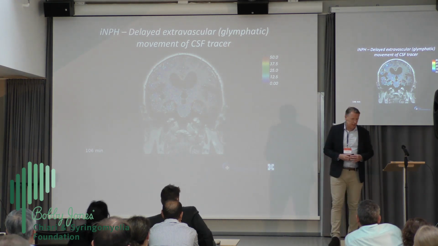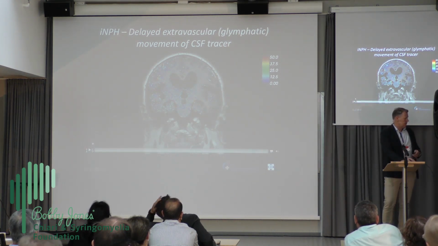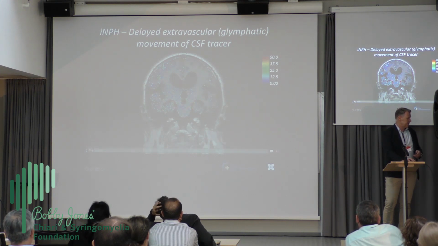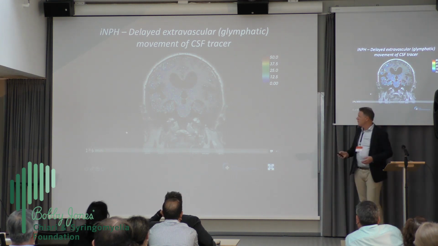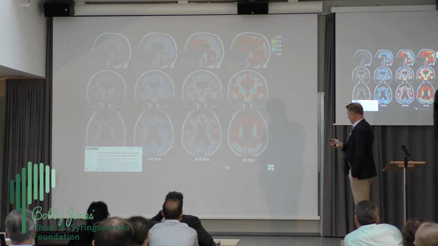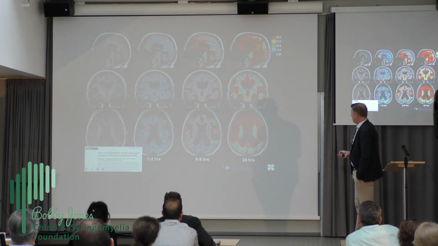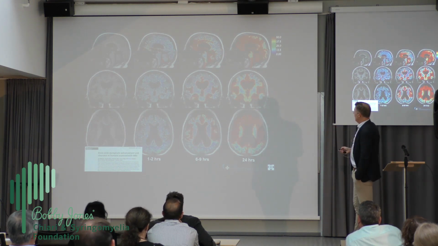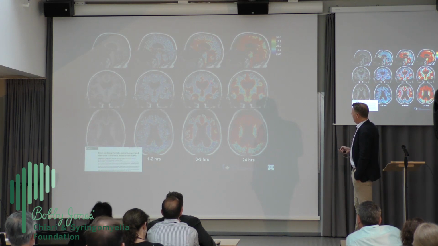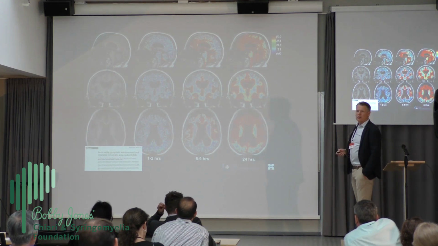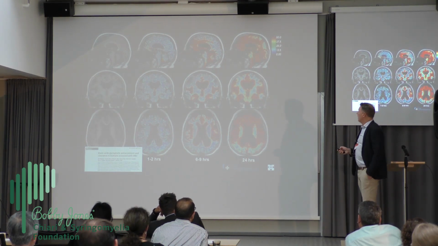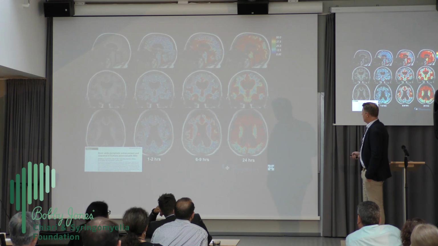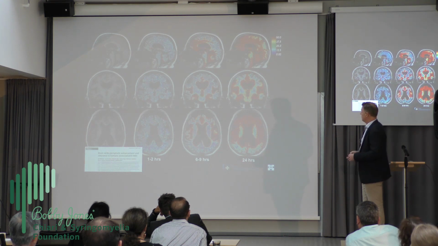Okay, so what's happening in these normal pressure hydrocephalus patients? Some problems here. As we talked about, this CSF tracer is entering into the ventricles. One different aspect is that there is a higher transependymal transport of tracer in normal pressure hydrocephalus, and the entrance is even more intense in these patients.